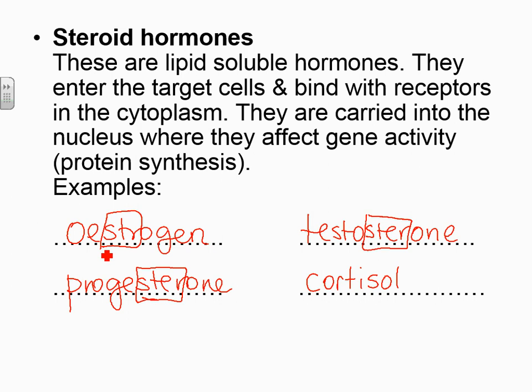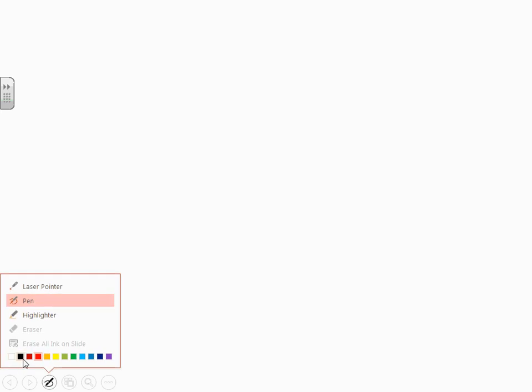So we need to illustrate these in the same way as we did with the peptide one. Let's start again with a black. This time I'm going to need a nucleus in here. So we will have our cell membrane. Although I haven't put a receptor in it, the receptors will probably be in the membrane, to be honest, or very close to the membrane.